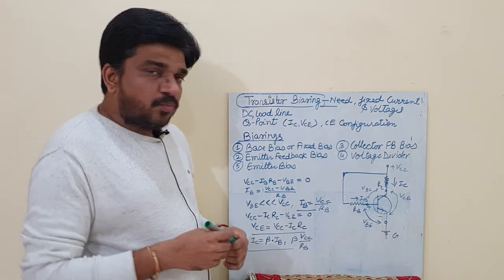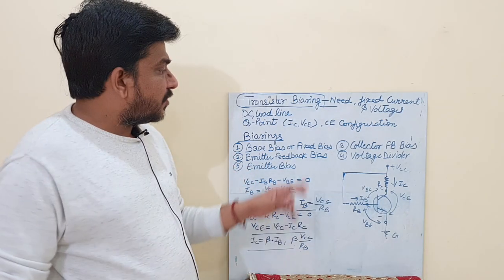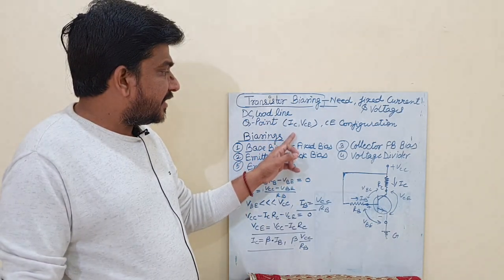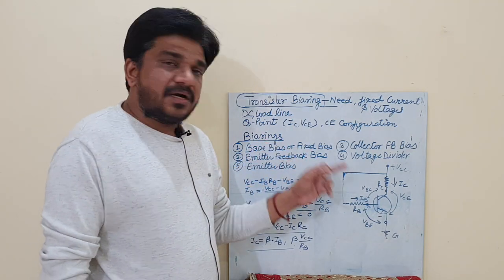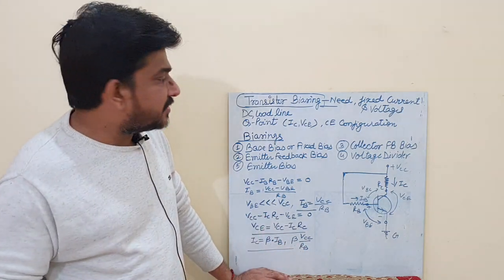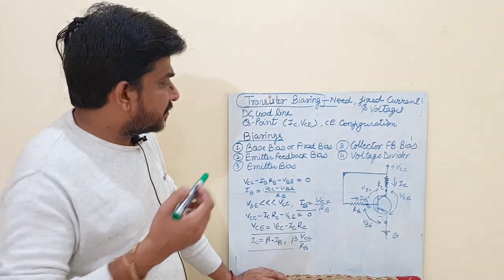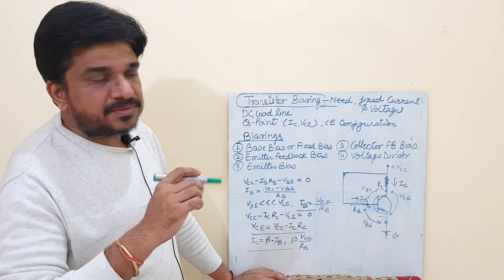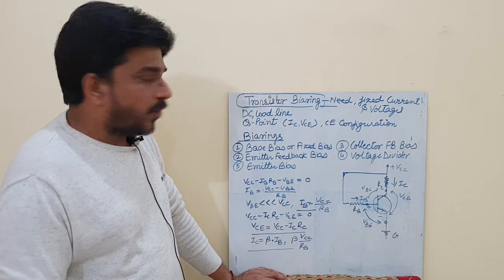And that Q point is basically the coordinates, means the values of IC, the collector current, and VCE, the voltage between the collector and emitter terminal. So when we put these two things in braces, IC and VCE, and place these values on the coordinates of the characteristics, we find the Q point.